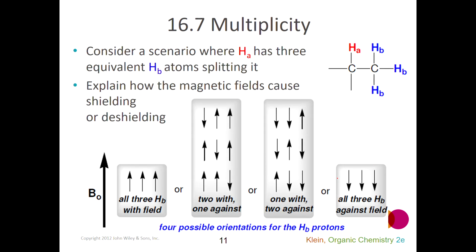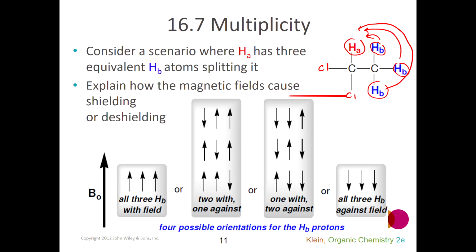If I have three neighboring hydrogens, so maybe let's say these were chlorine atoms, so there's no other hydrogens here. I've just got this one hydrogen. It's going to be split by all three of these. And each one of these other hydrogens could be aligned with or against the magnetic field in random ways in different moments in time.